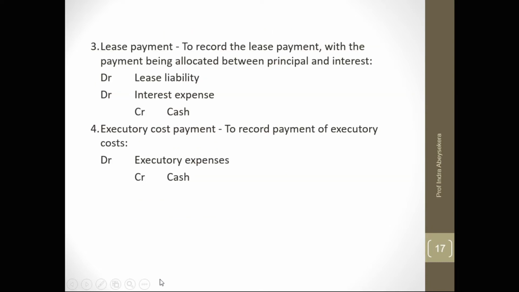For the lease payment, we credit cash and debit lease liability for the principal repayment and debit interest expense. There could be executory costs that are included in the payment. So those executory costs are not part of the lease payment, and we would record that as credit cash and debit executory expenses.